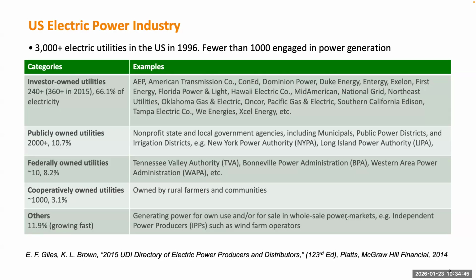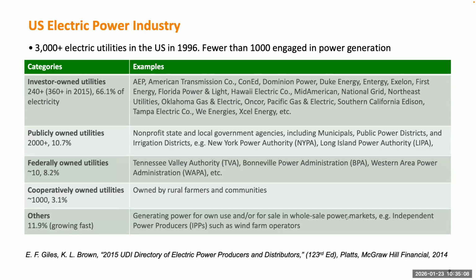Fewer than 1,000 companies were engaged in power generation, which means only less than 1,000 companies own power generators. The others don't have generators. They have maybe a transmission or distribution network.